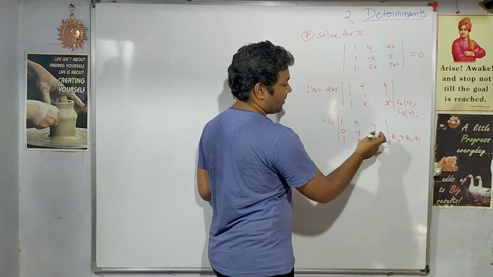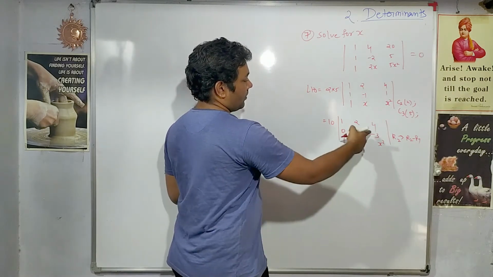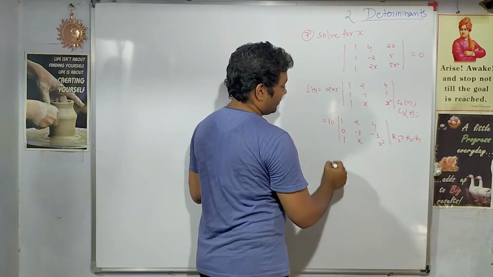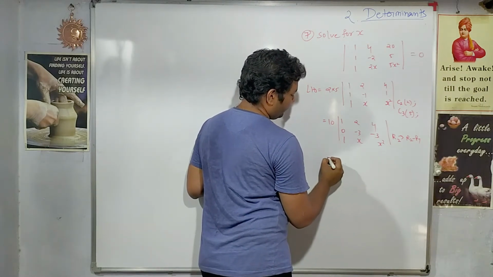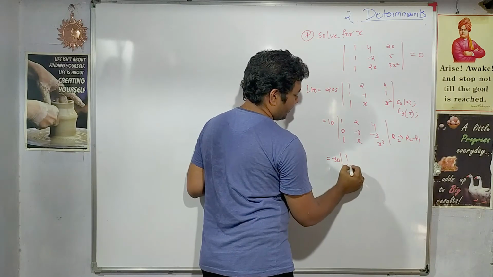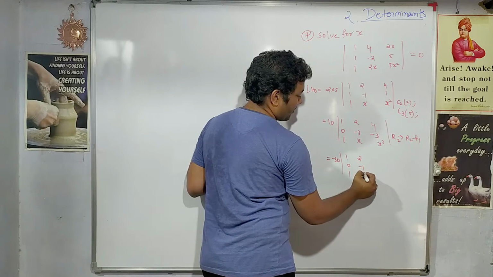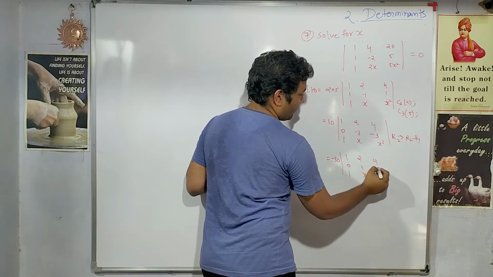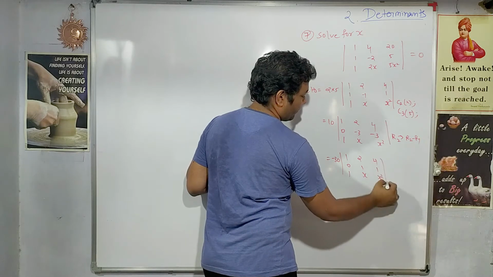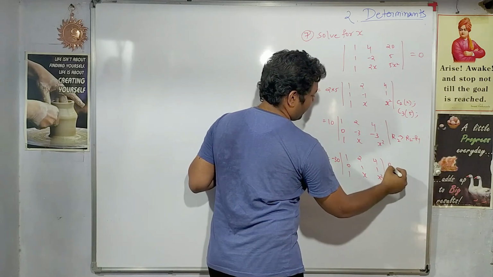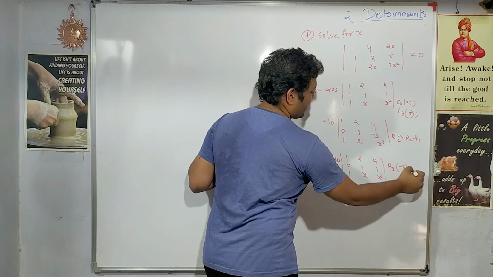Again I can take out minus 3 common from the second row. So if I take minus 3 common, it will become 0 0 1 here, with 2 minus 1 x, then 4 1 x square.